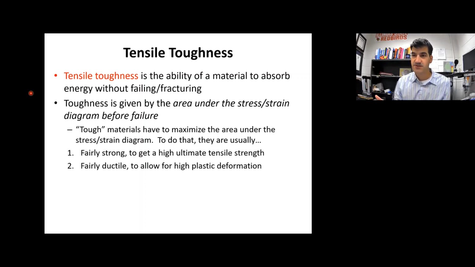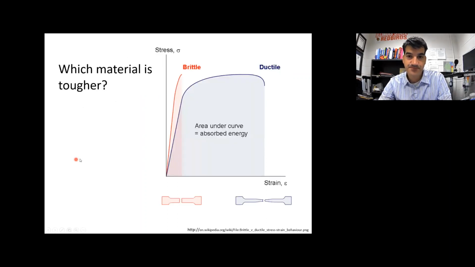So if you have materials that are simultaneously at least moderately strong and at least moderately ductile, then you're going to have a fairly large area under the stress-strain curve, and you would say that's a pretty tough material. I'll show you a few examples.